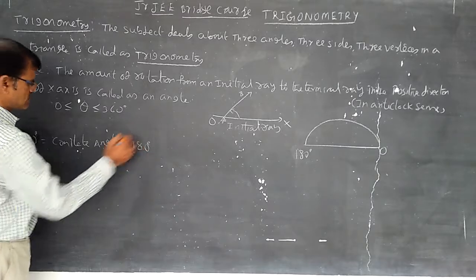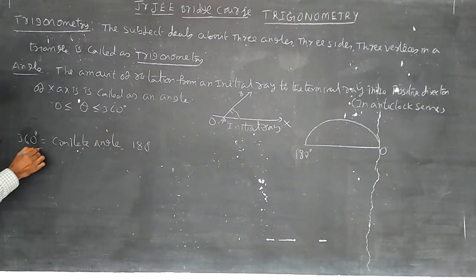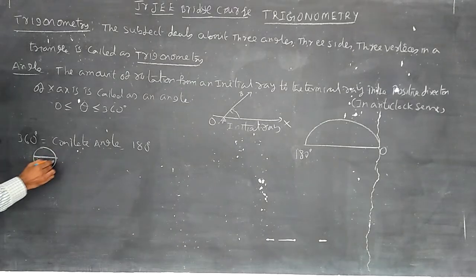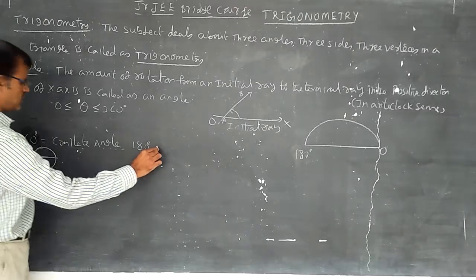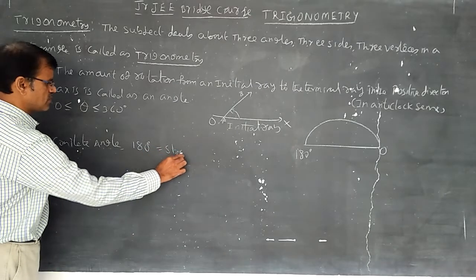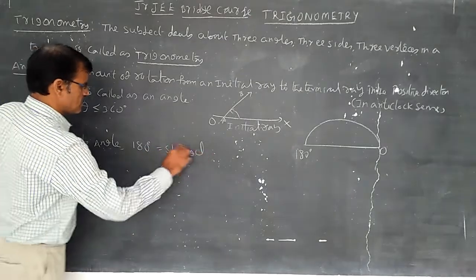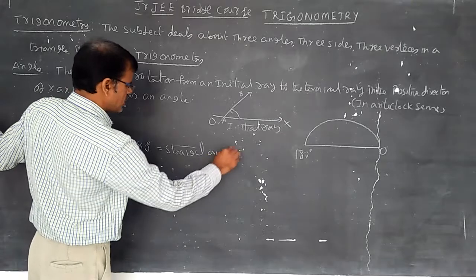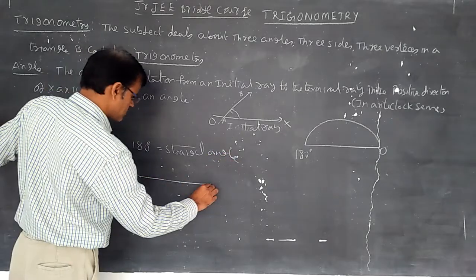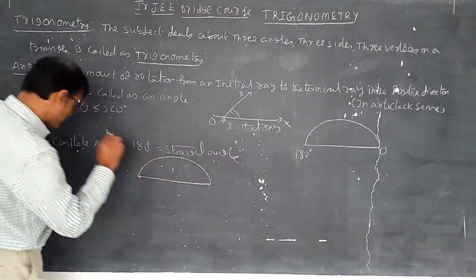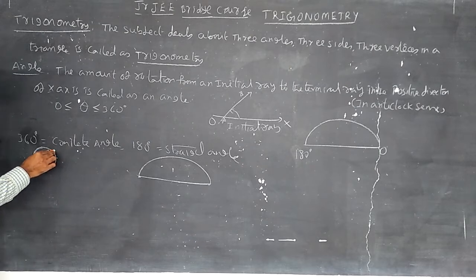360 degrees can be denoted as a complete angle, the completion of one revolution or one rotation. 180 degrees is a straight angle, like this. It is called a complete revolution.